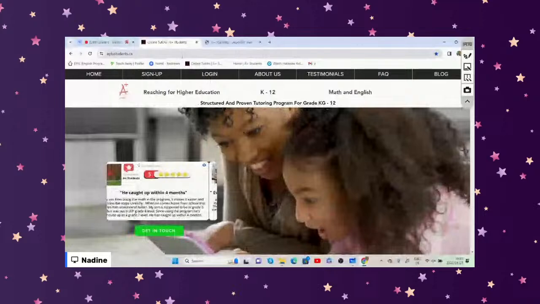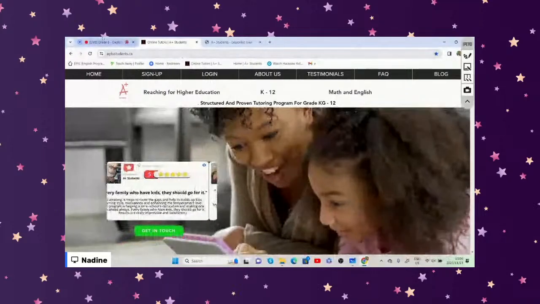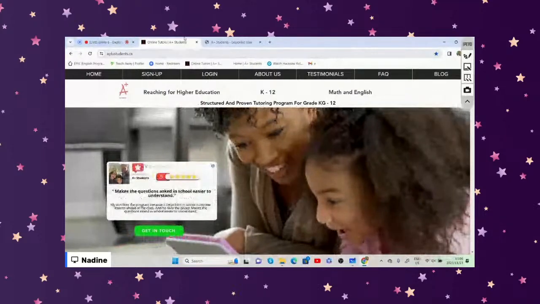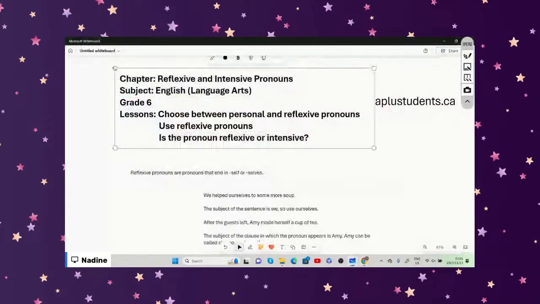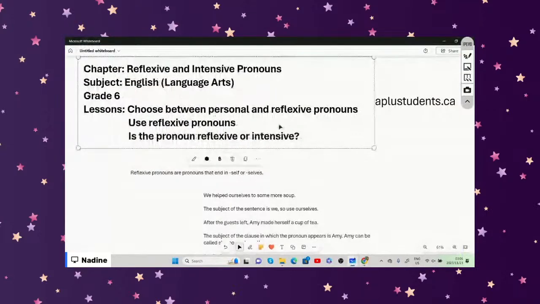We're going to be focusing on reflexive and intensive pronouns. There are a few lessons under this chapter. Once again, our chapter is reflexive and intensive pronouns, and our subject is English language arts, grade 6.